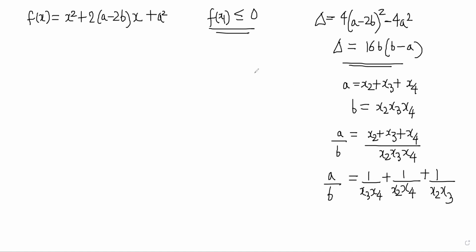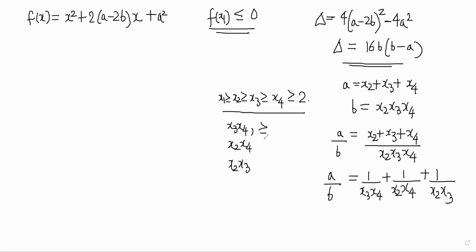Also in the problem they had said that x1 is greater than or equal to x2, greater than or equal to x3, greater than or equal to x4, and all of them are greater than or equal to 2. So this implies that x3 x4, x2 x4 and x2 x3 are all greater than or equal to 4. So obviously the reciprocals will be less than or equal to 1 by 4.